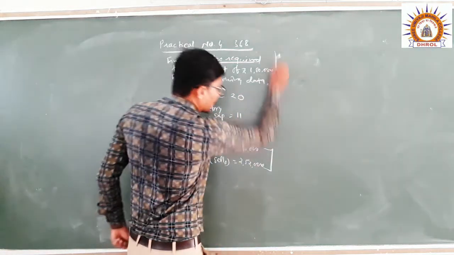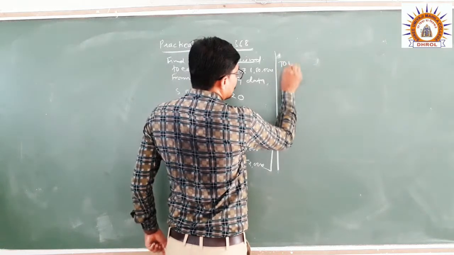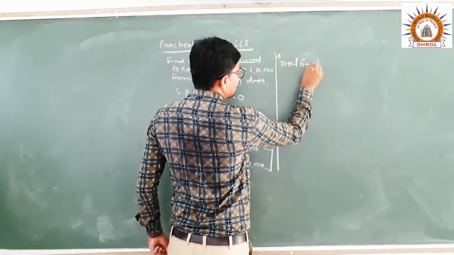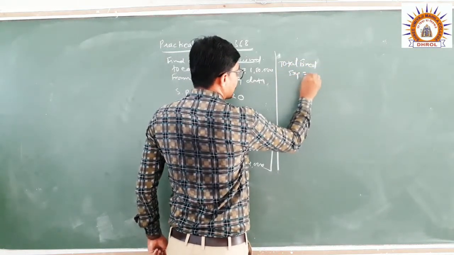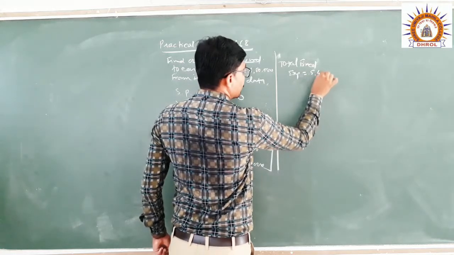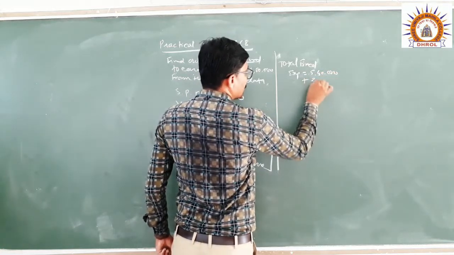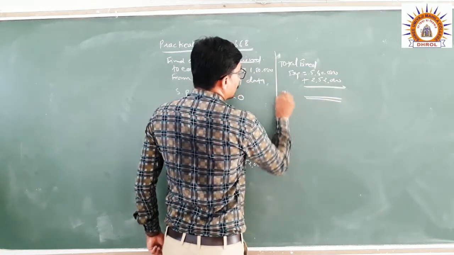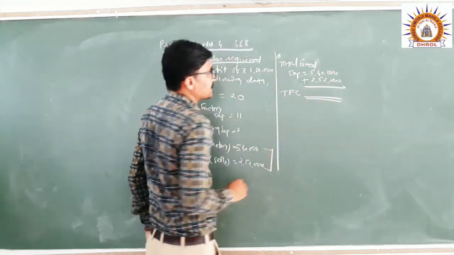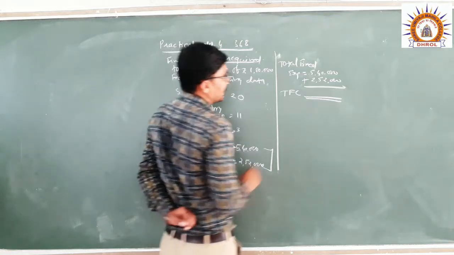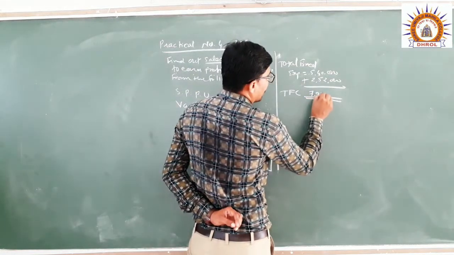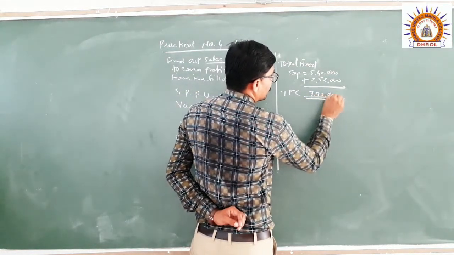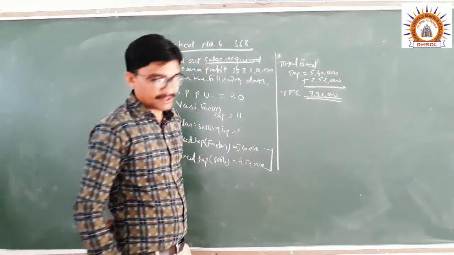So first of all, total fixed expense is equal to 5,40,000 plus 2,52,000. So total fixed cost, TFC, is 7,92,000.